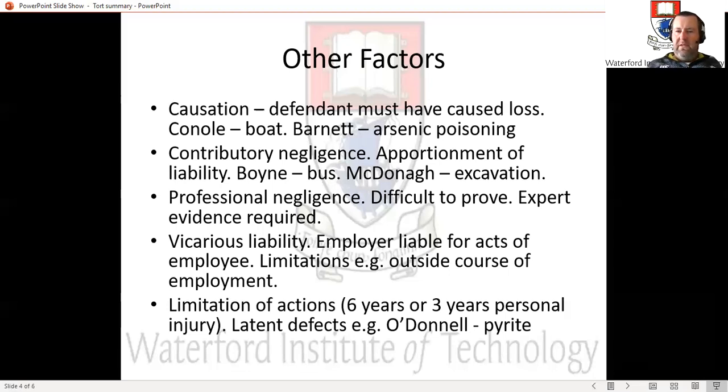Vicarious liability is a type of liability that says an employer is liable for the negligent acts of their employee. Obviously, these generally relate to things that the employee did during the course of their work. So there is a case where a guy was kicked by a bullock. He was kicked in the scrotum, which sounds like a nasty injury, potentially, anyway.